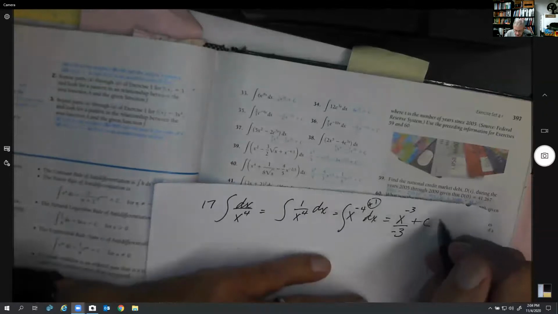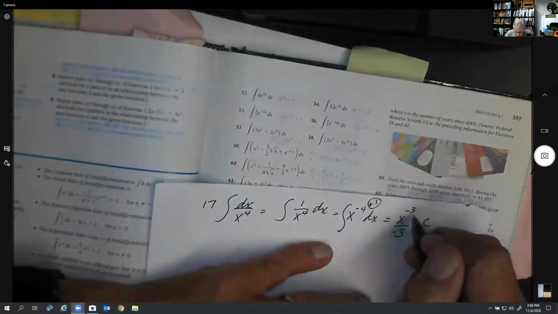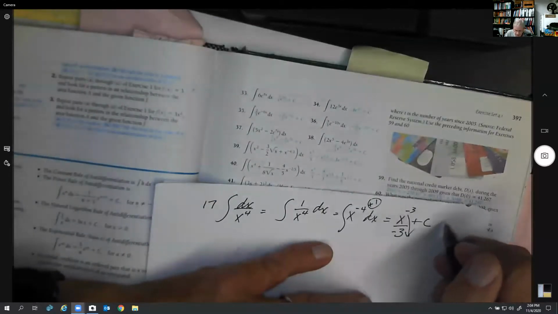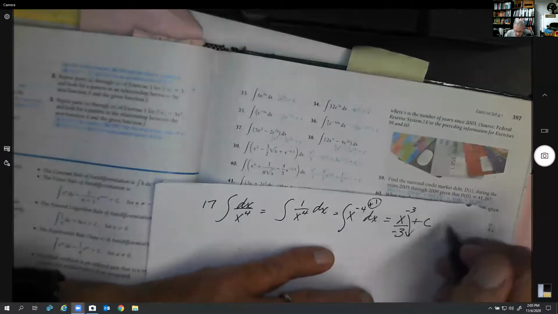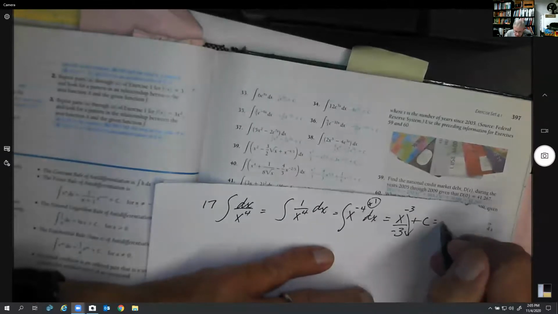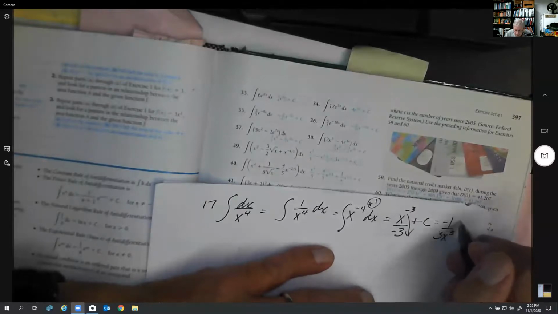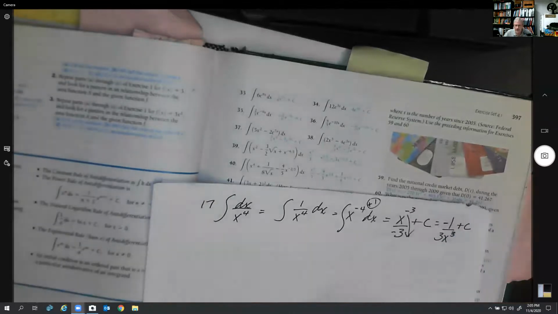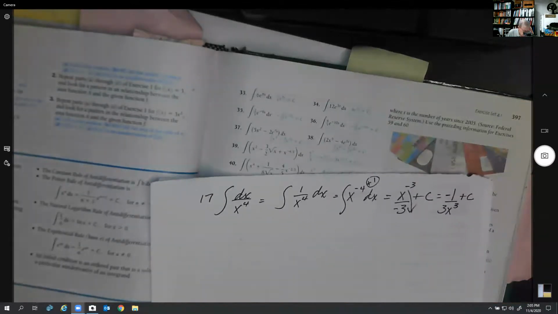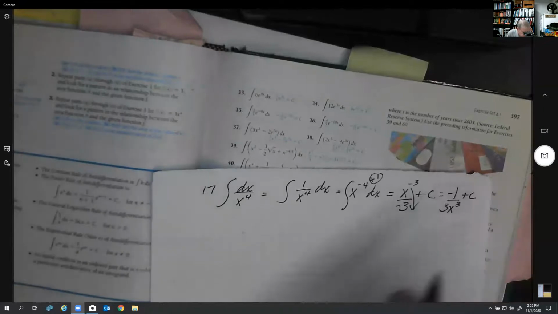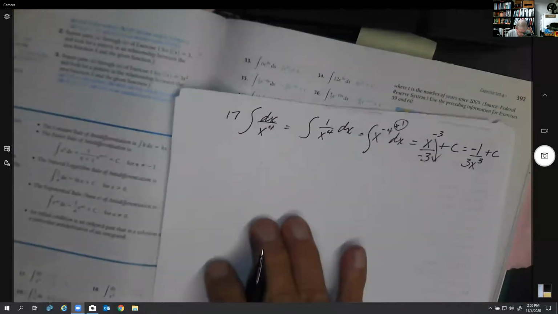Or I could write it, if I wanted to, I can move this down to the bottom and maybe keep the negative on top. So this would be -1 over 3x cubed plus c, like that. Or a -1/3 or whatever. I would probably write it like that.